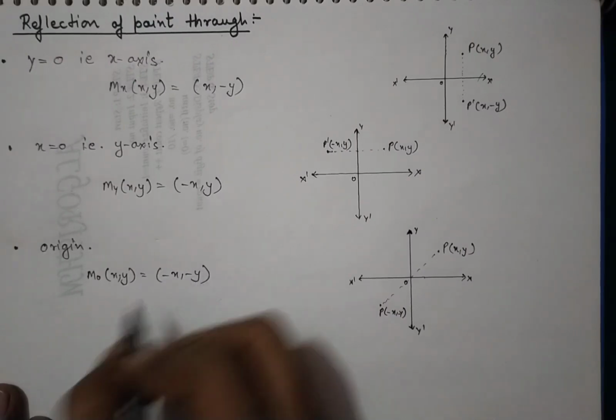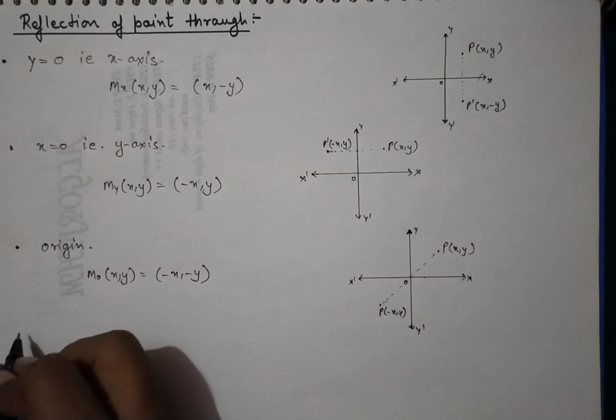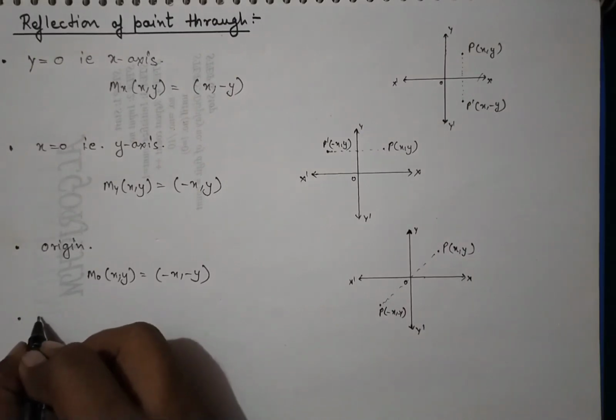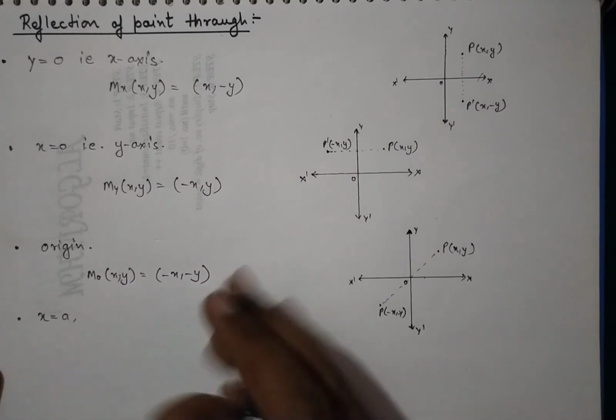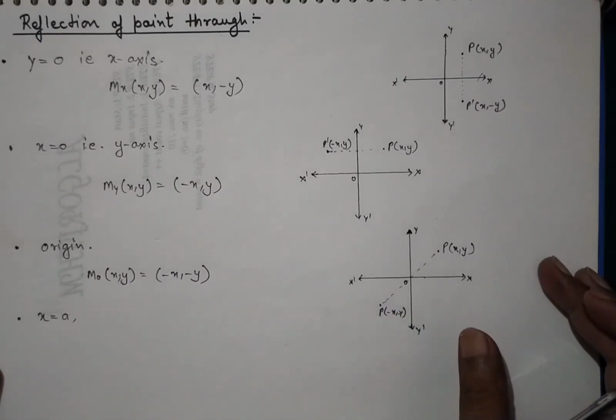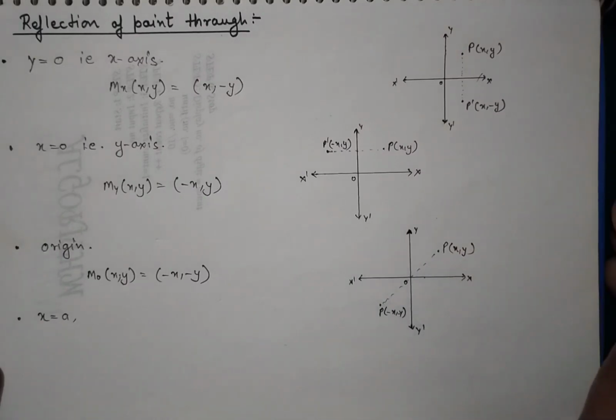Apart from these three, we have two more lines through which the reflection can take place, and that is through x equals a. x equals a means any line parallel to the y-axis except the y-axis itself.